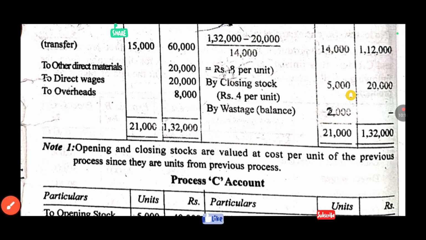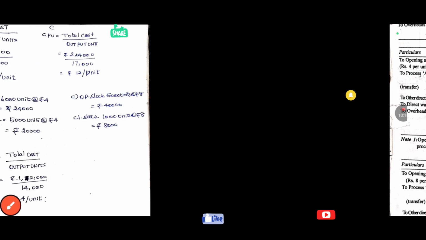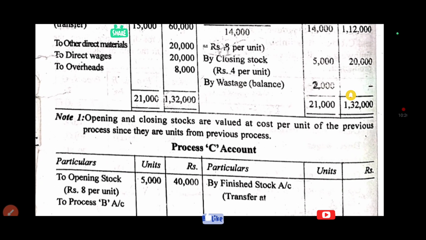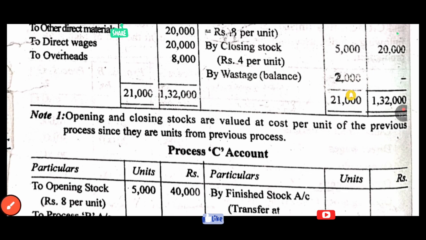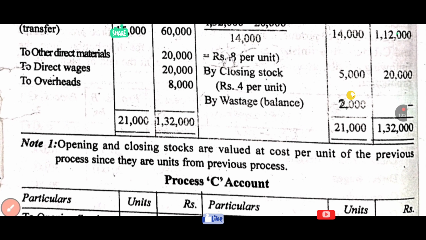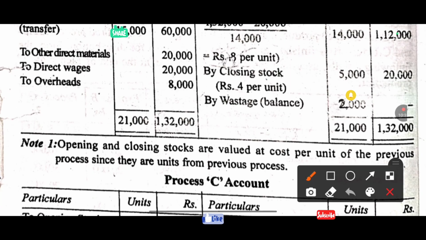The 2,000 units, again, you are going to write by wastage. This is the balancing figure in the unit column, because in the unit column we have the total of 21,000 units. The output value and the closing stock value added together give 19,000 units.